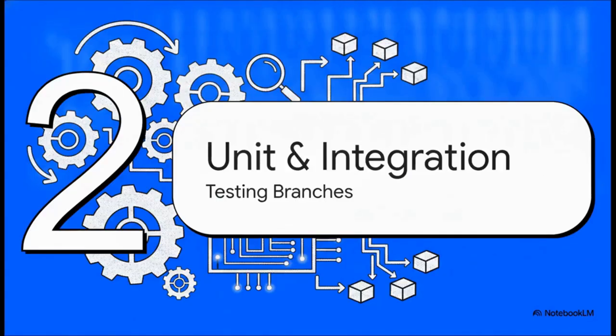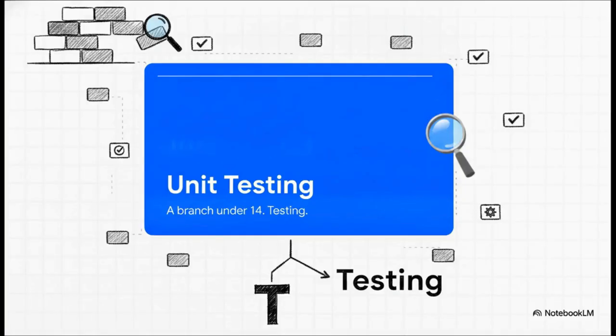Section 2. Unit and integration testing. Testing branches. All right, let's start with unit testing, down at the micro level. This is the foundational branch of our taxonomy. You aren't testing the whole system here, or even a full UI page for that matter. You're just isolating a single function, component, or utility to ensure that tiny building block behaves perfectly on its own given specific inputs.